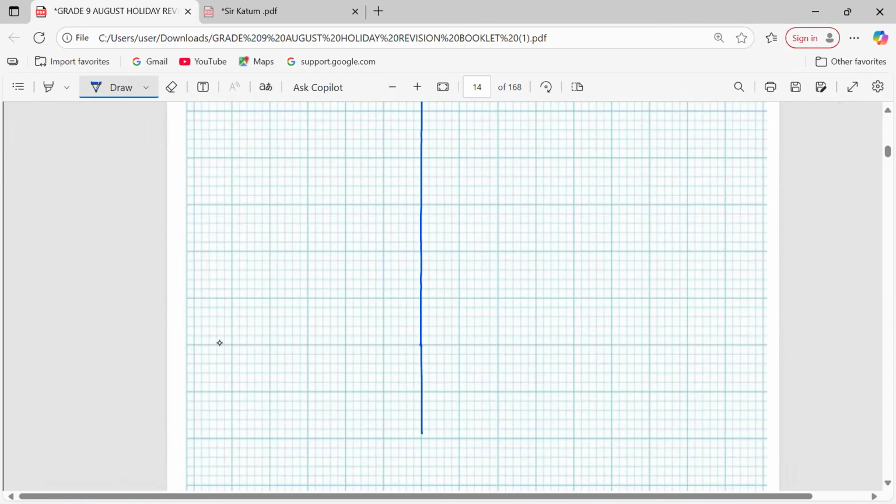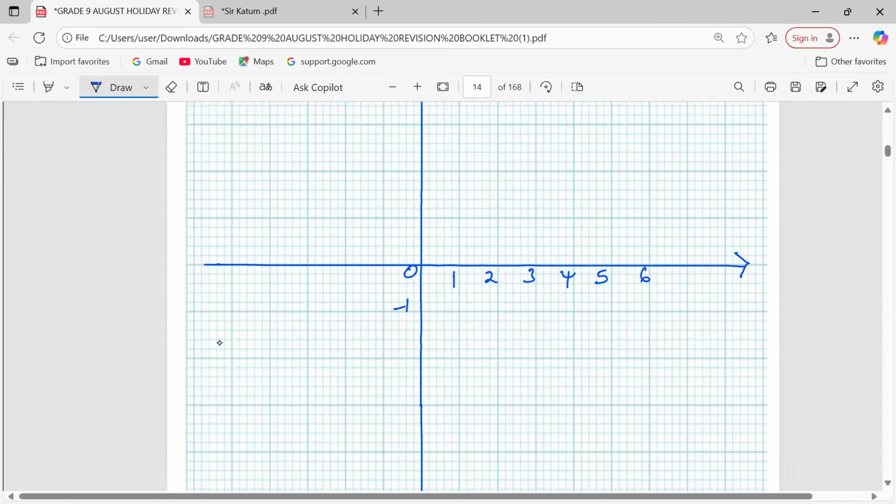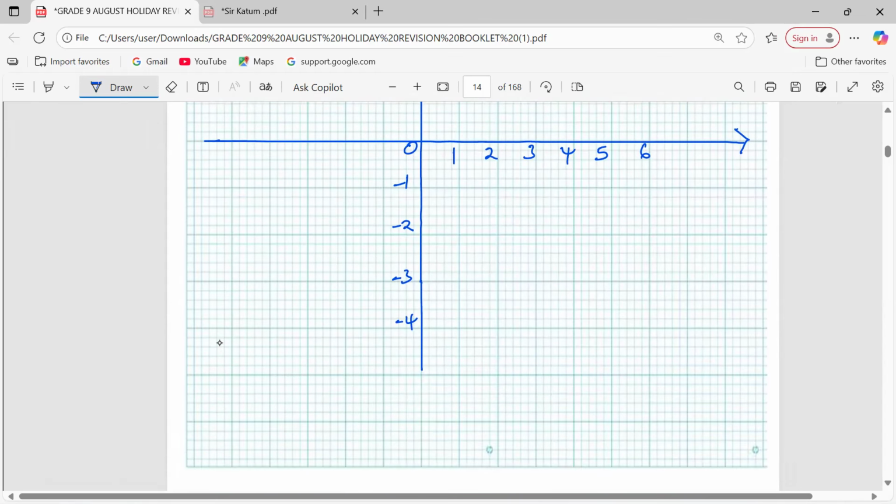That is the y-axis. This one is the x-axis. 0, 1, 2, 3, 4, 5, 6, like that. Then -1, -2, -3, -4, -5, -6.